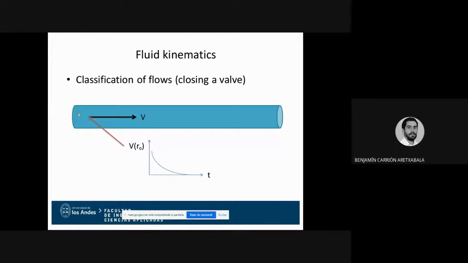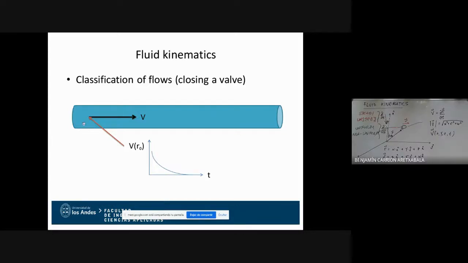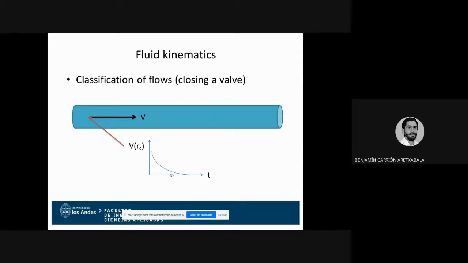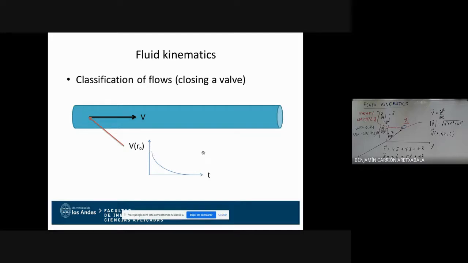But you know what I mean: if you close a valve here before the pipe, and you start closing this valve, then you're going to start reducing the flow that is coming into the pipe, and therefore the velocity is going to be decreasing until it reaches a zero value. So that would be an example of unsteady flow.